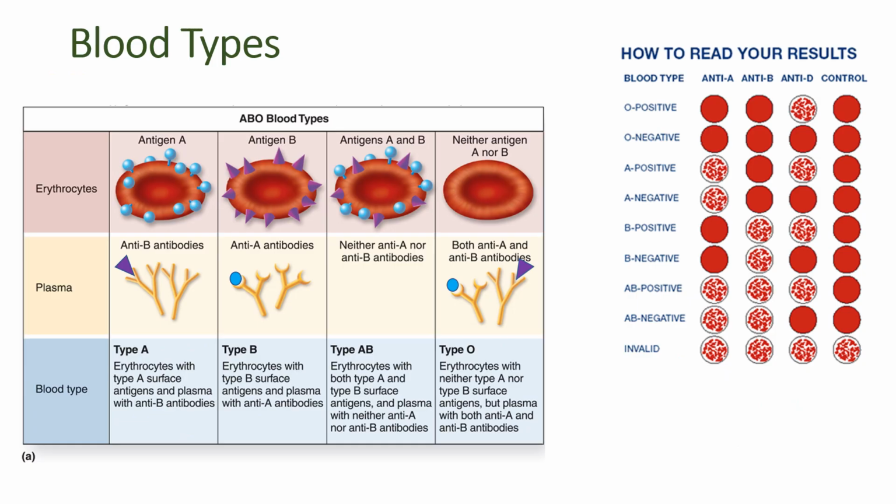Since blood is intimately involved in immune responses and mediating defenses in the body, there's a lot of activity that goes into determining whether something is what we call self from our bodies or non-self from another body or another organism. One example of this is blood type. So we have ABO.